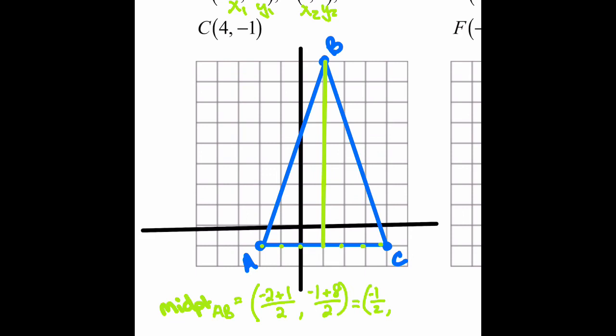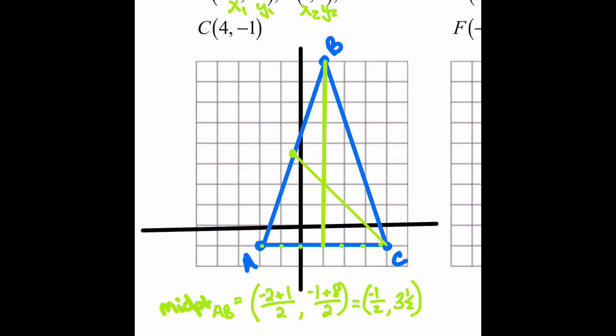Then -1 plus 8 is 7 divided by 2 is 3 1/2. So I'm going to make a point for my median at -1/2, 3 1/2. That's going to be about right here. That's my midpoint of AB, and I'm going to connect it to vertex C to create the median.